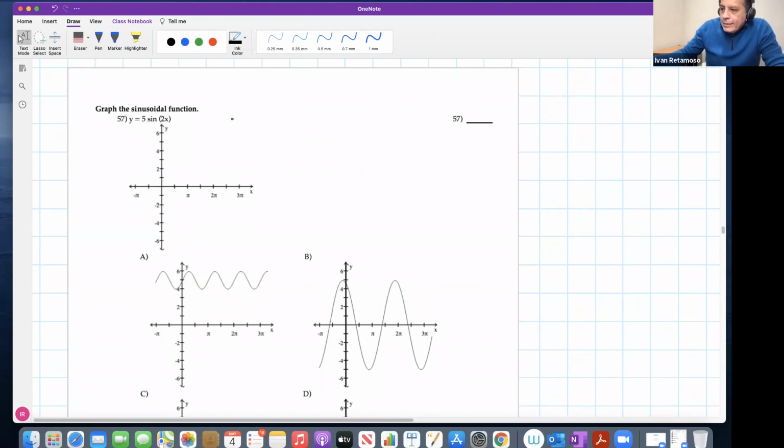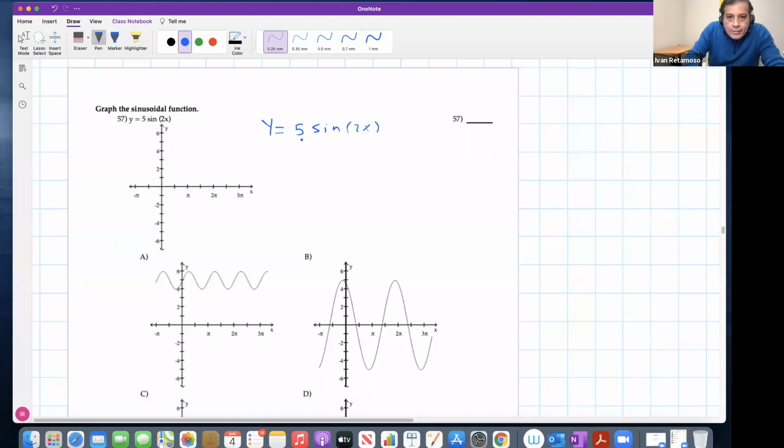Remember, I gave you a technique to deal with this form. It's about finding the amplitude and the period. And you may say, Professor, amplitude and period. Yes, there is a way to find the amplitude and the period of this guy.